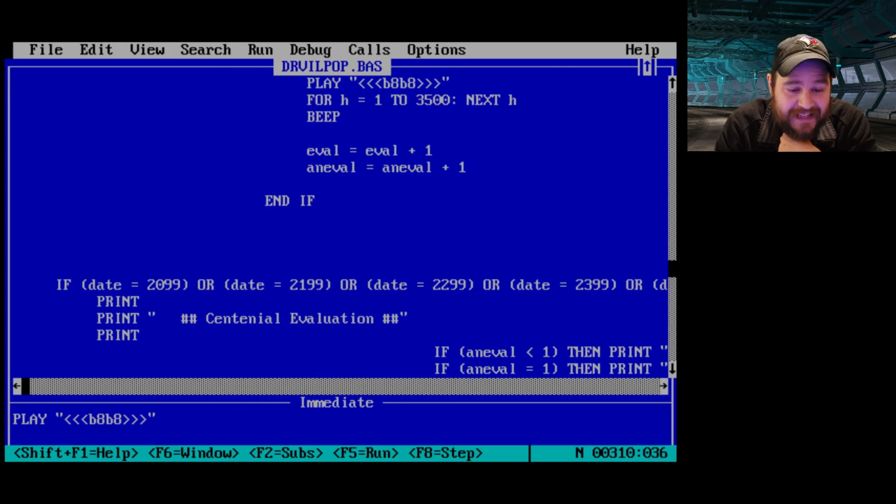Okay, so if the date is 2099 or 20, oh no. Okay, this is awesome. So at the end of each century, he wants to do this centennial evaluation. But he didn't know how to detect if it had a 99 at the end, and so he just shoved it all together.